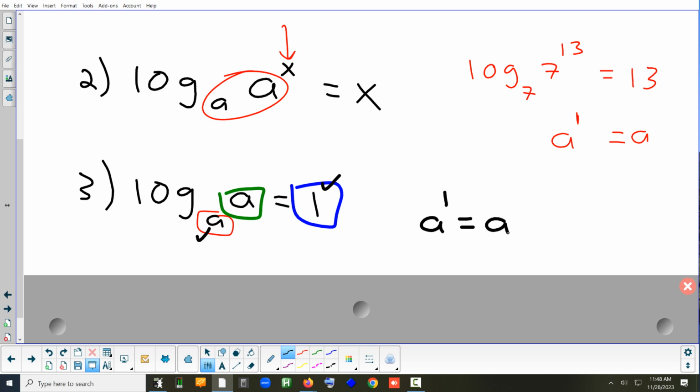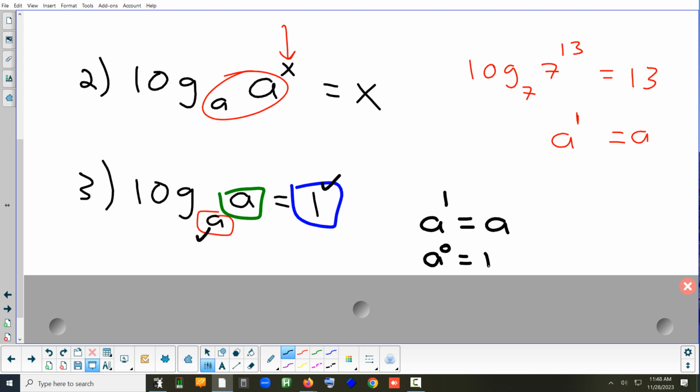Now the last property is another rule. Anything to the 0 power gives you what? 1. Let's think how we would write that as a logarithm. What's your base here? A. What's your exponent? 0.